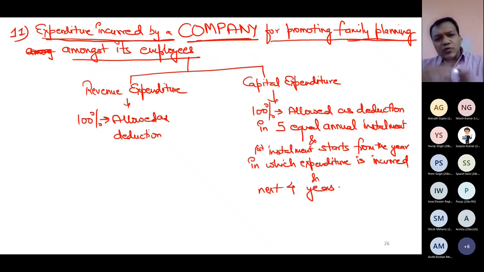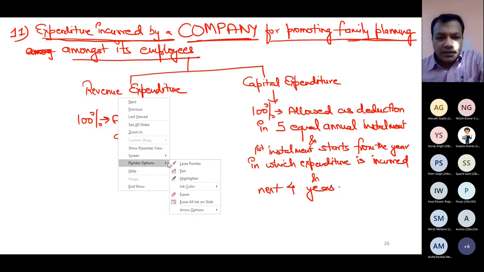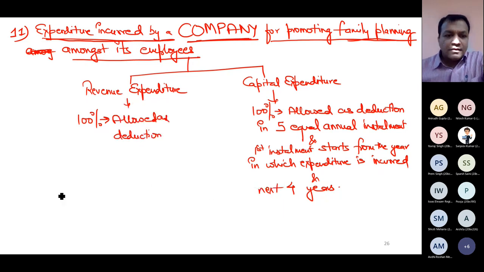That's it. So to promote family planning, if a company assessee incurs some expenditure, if it is of revenue nature, 100% is allowed. Capital, 100% is also allowed, but in 5 equal annual installments, and the first installment starts from the year in which the expenditure is actually incurred and the next 4 years. Now, can you tell me something? I am X Limited.